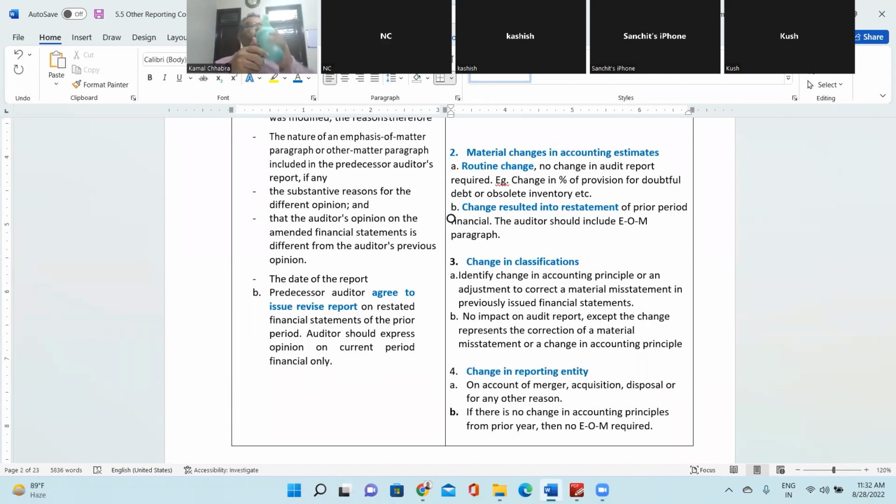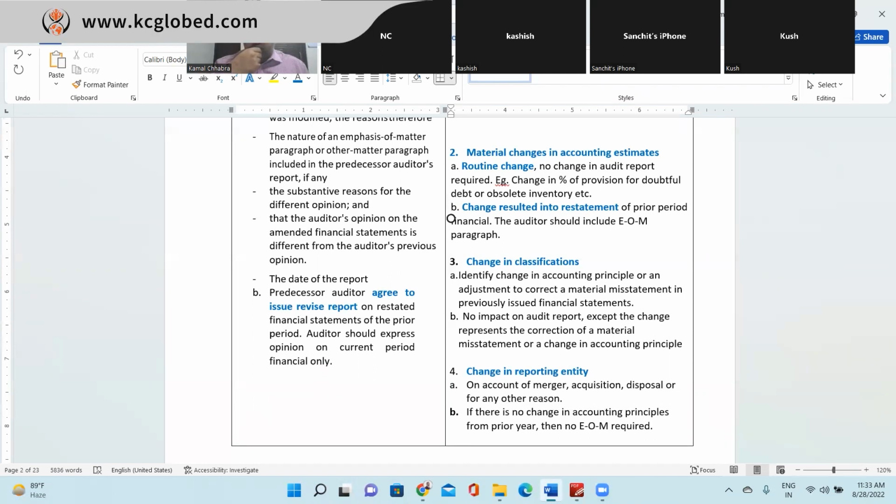So like change in provisions. And accounting estimates are basically the estimates that we have made for our provisions or the depreciation kind of thing.